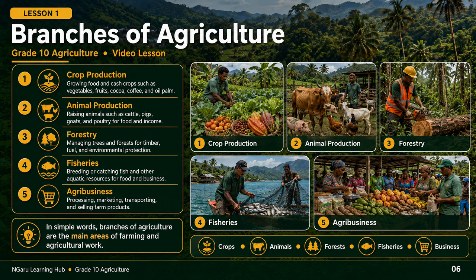Forestry is the management of trees and forests for timber, fuel, and environmental protection. Fisheries involve catching or breeding fish and other aquatic resources. Agribusiness includes processing, transporting, marketing, and selling farm products.